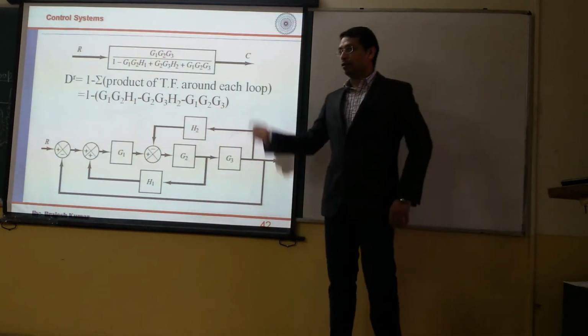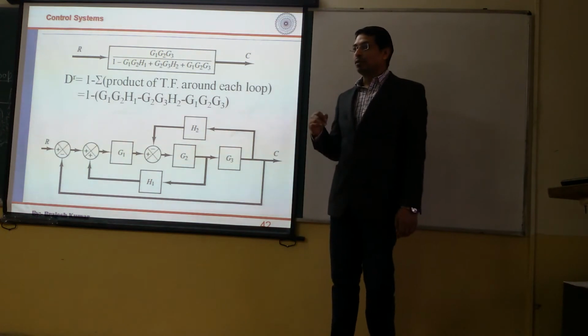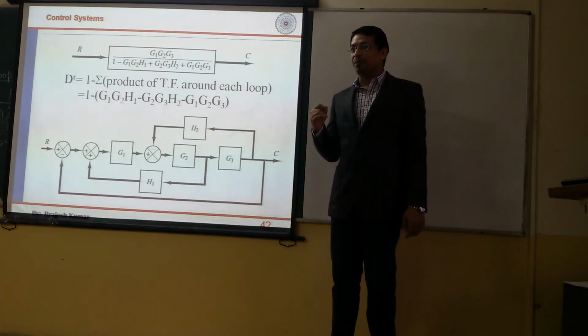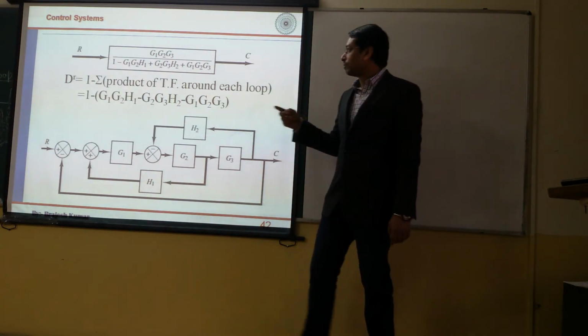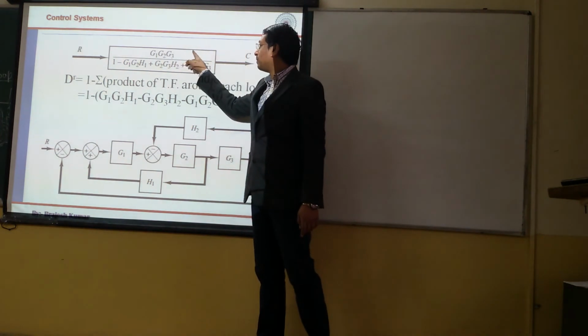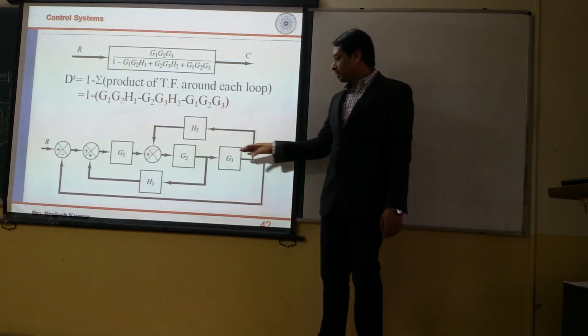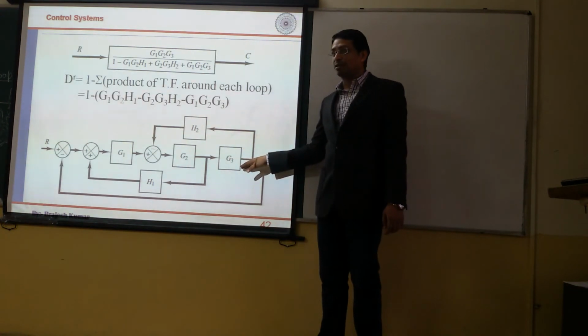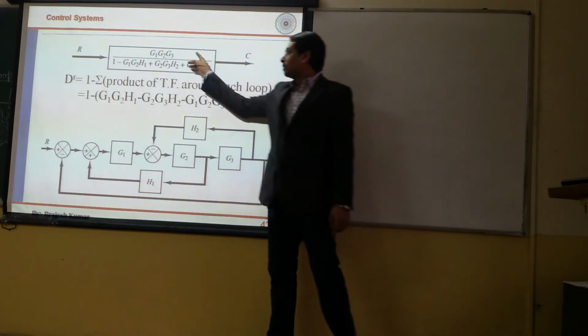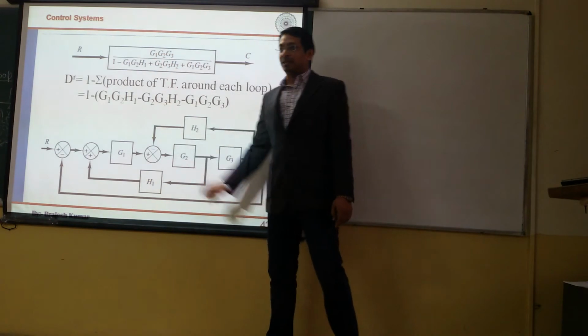Means your numerator should be equal to the summation of your forward path gains. If suppose there were two forward paths, then it will happen like this: G1, G2, G3 plus the gain of that forward path. Since in this particular problem there is only one forward path, this is the forward path gain.